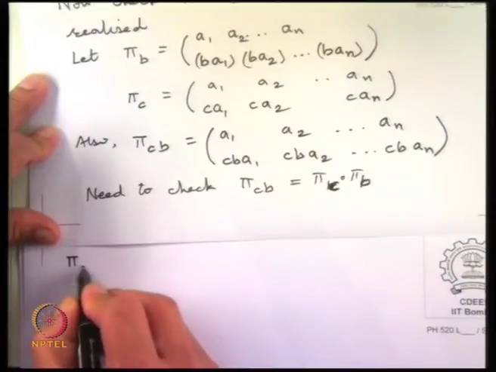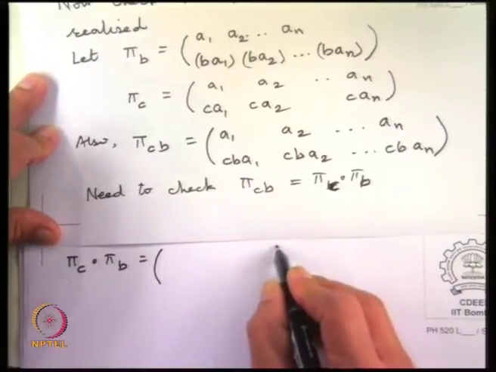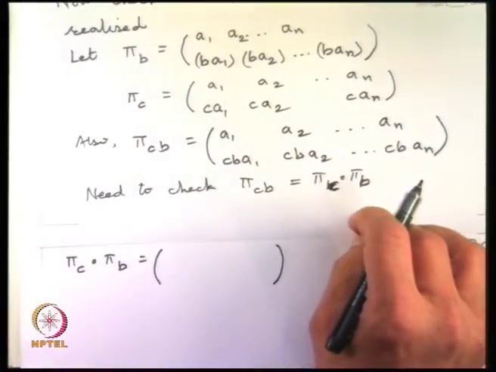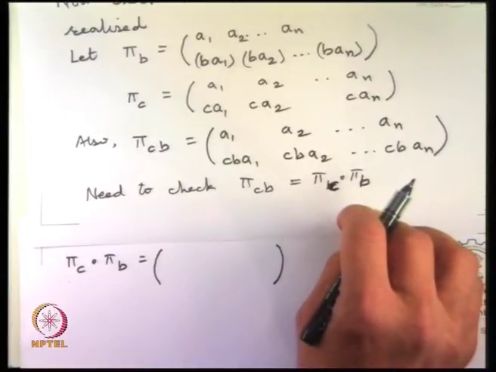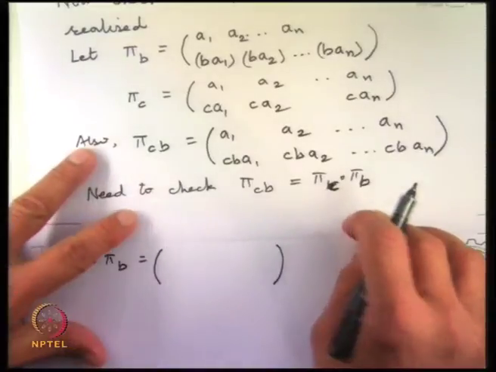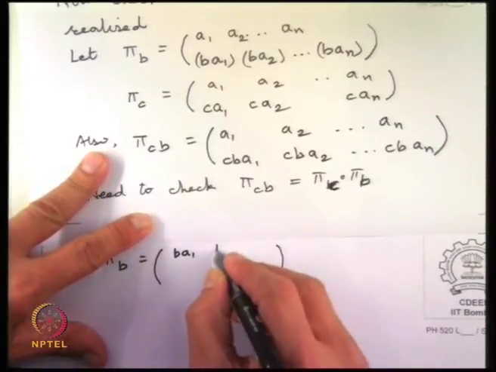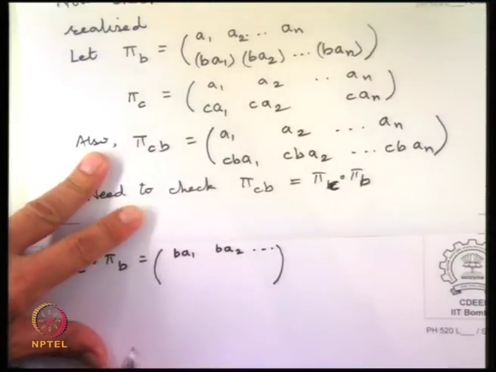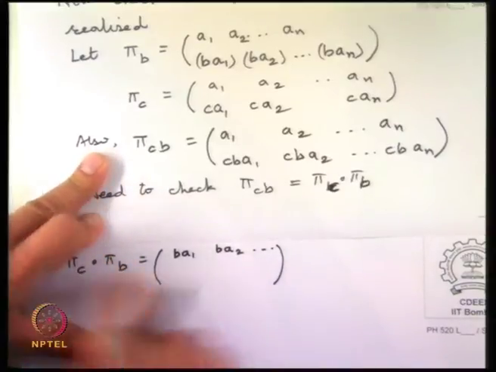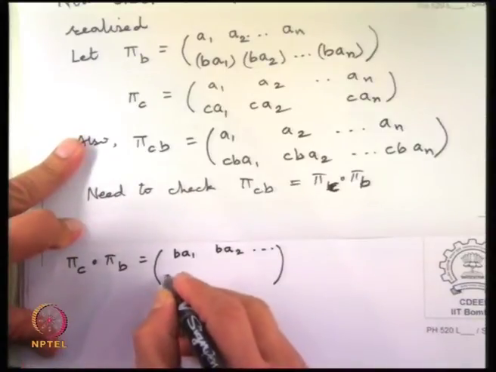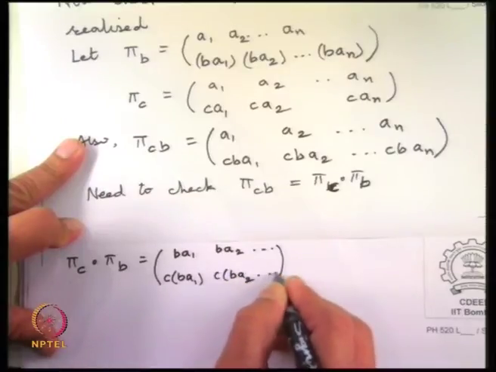So to calculate pi C times pi B, we will write pi C in the form BA1, BA2, etc. Suppose I write the top row like this, then by our rules of representation, it means that the lower row will be equal to C BA1, C BA2, etc. Right?